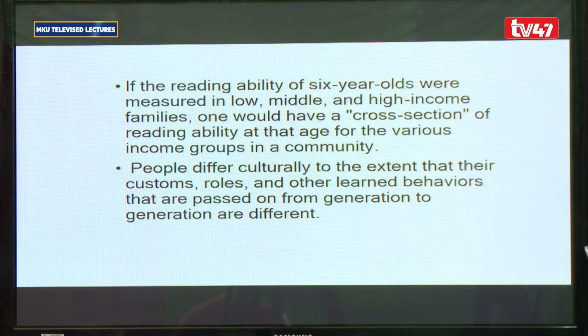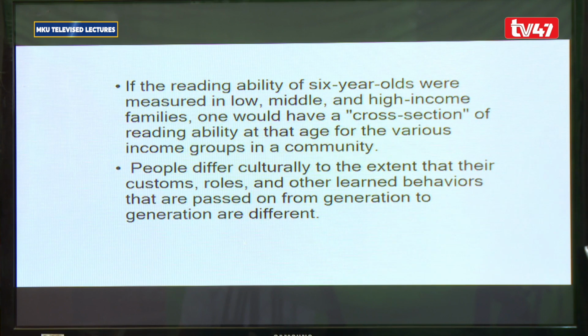Because here we see in low-income families, we have our culture. In the middle class, we have our culture. In the high-income families, each and every person has their own way of doing things, and this affects their development in terms of reading skill.